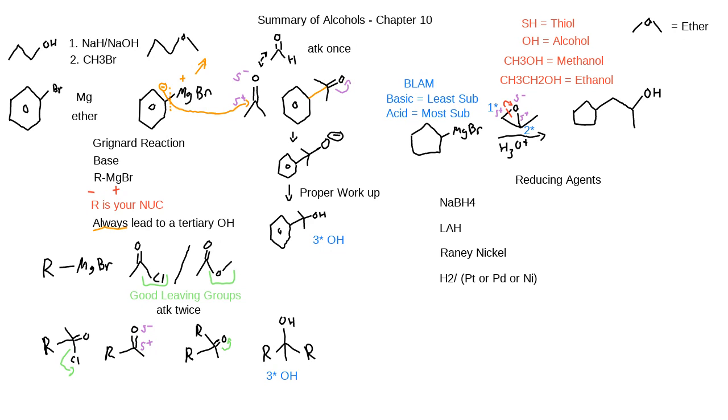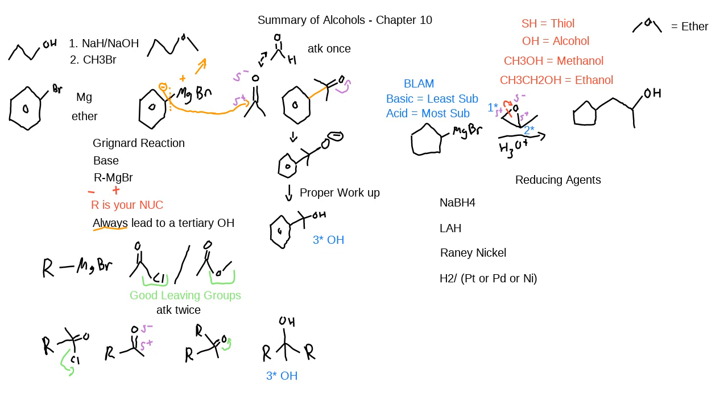So all of these are reducing agents, but all are not created equally. Some are stronger than the others, just like oxidizing agents and just like cleaving strengths. I'll show you what each of these can do.